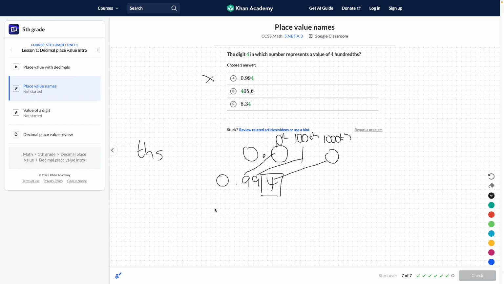But this one here, 8.34: the 3 is in the tenths, and the 4 is in the hundredths. So we know this one is the correct one, because 1 divided by 100 is equal to 0.01. So 1 and 4 are in the same position. It can only be this one, 8.34, because 4 is 4 hundredths.